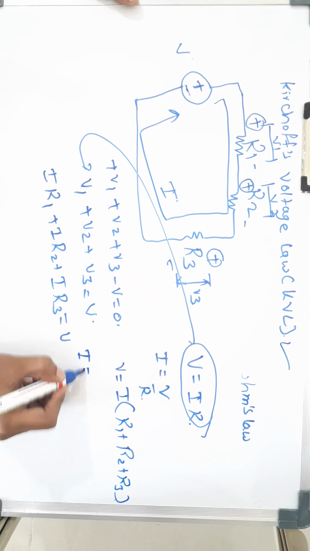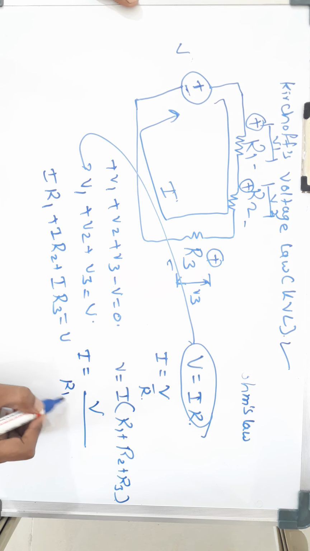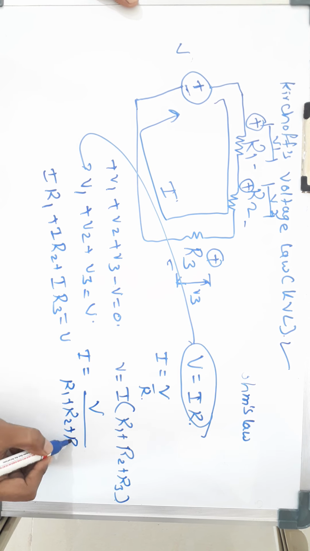So I equals V divided by R1 plus R2 plus R3.